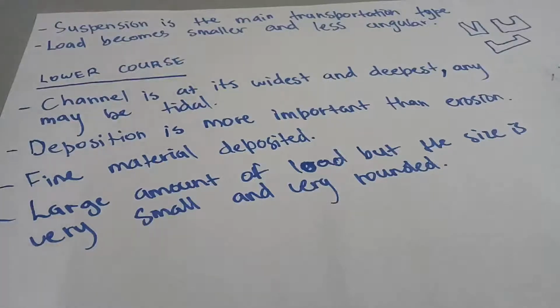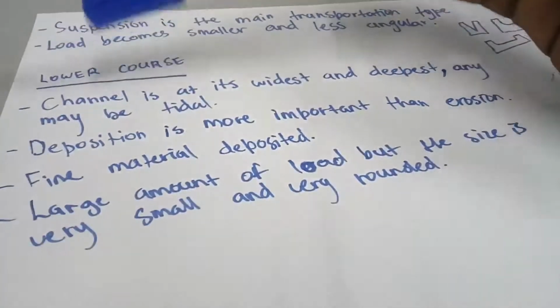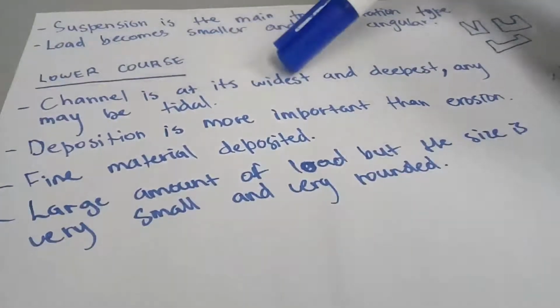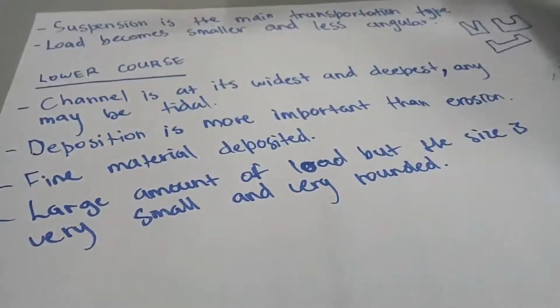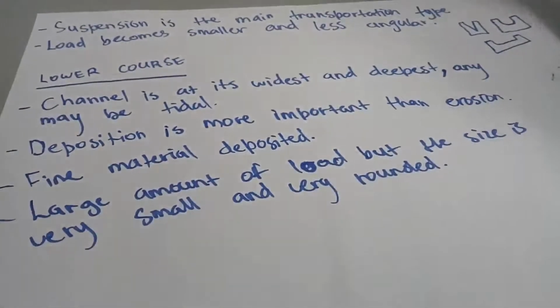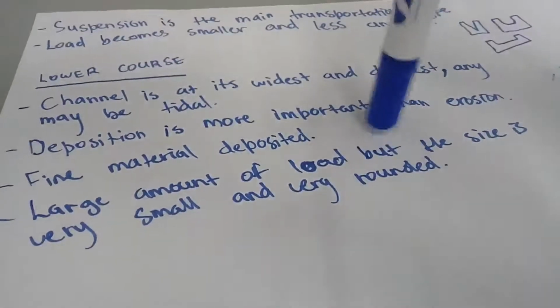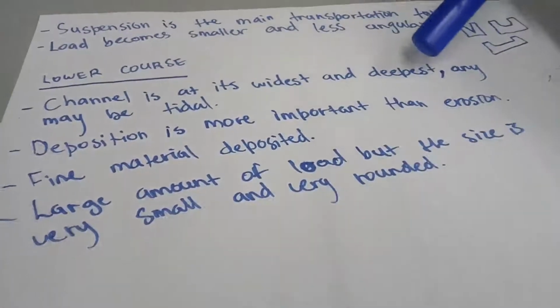So the lateral erosion is more on the lower course. So that's why it is wider. It's the widest between all those courses, and it is the deepest, because the riverbed has been eroded too.